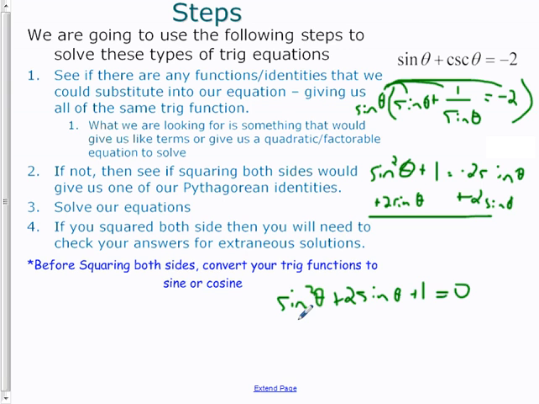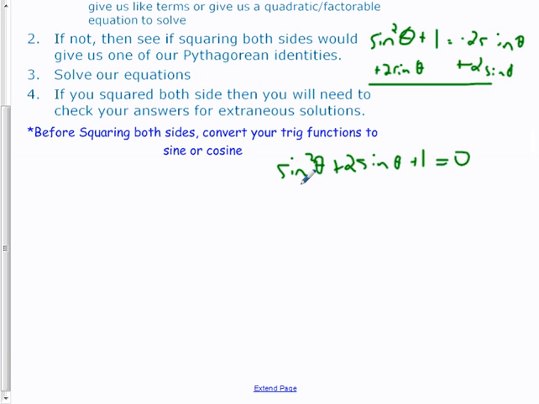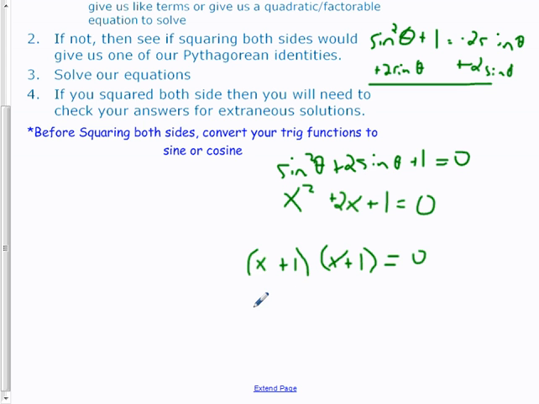When this factors, remember, if you're not the best at seeing how to factor it, once you have it all at common terms, replace all the terms with a variable. It has to be the same variable, but in this case, replace them with x's. So then this becomes x plus 1 times x plus 1, so that's x plus 1, that whole thing squared.